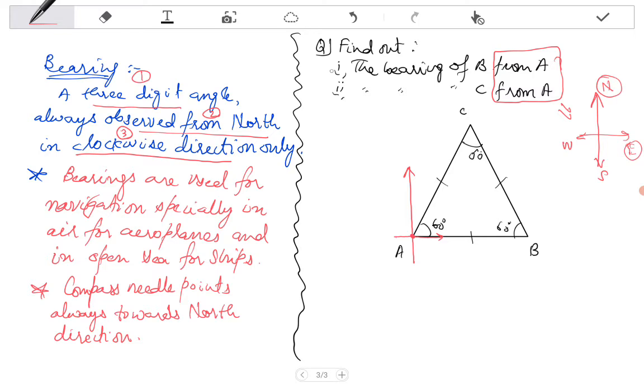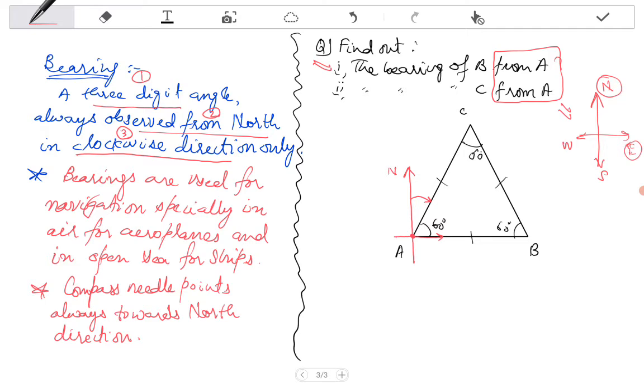Understanding the question is more important than its calculation, because if you understand it well you can answer it better, otherwise you may go wrong. If I have to observe this angle, which angle is to be noted down, that is important. This is direction north. From north in clockwise direction I have to move until I reach the line which is connecting the reference point with the point whose bearing is to be measured.